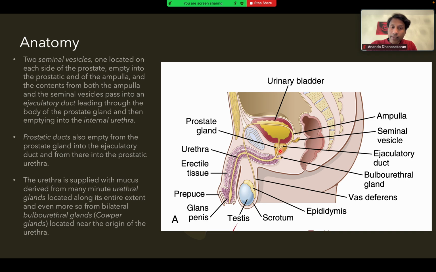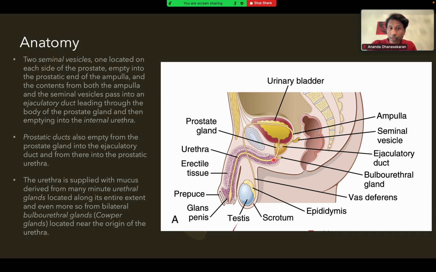When a man has ejaculation, what are all the constituents of it? The ejaculation contains the fluid from the vas deferens, which is directly coming from the testes. It will have fluid from the seminal vesicle. It has secretions from the prostate, which opens by multiple prostatic ducts directly into the ejaculatory duct.